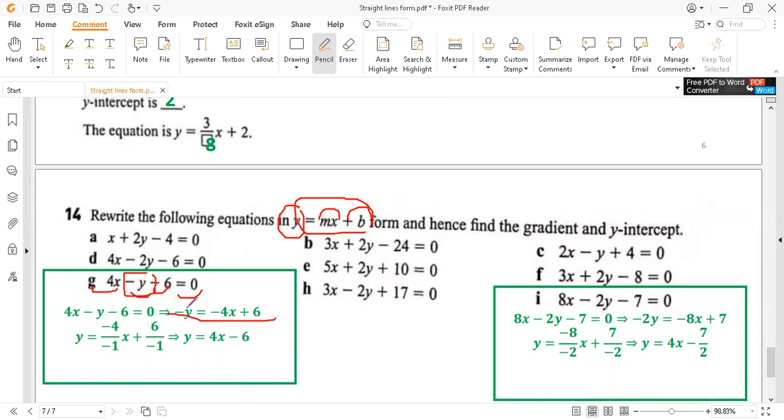To get rid of the minus, we divide all the terms by -1 to obtain y equal to -4/-1 x, 6/-1. Finally, we get this equation in the form y equal to mx plus b.